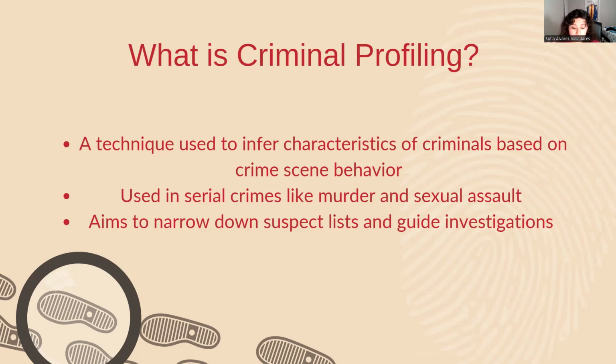It aims not to identify a single individual, but rather to help law enforcement narrow down the suspect pool, generate investigative leads, and better understand the behavioral patterns behind a series of crimes. Profiling offers potential insights into the offender's age, gender, personality traits, or even geographical habits.